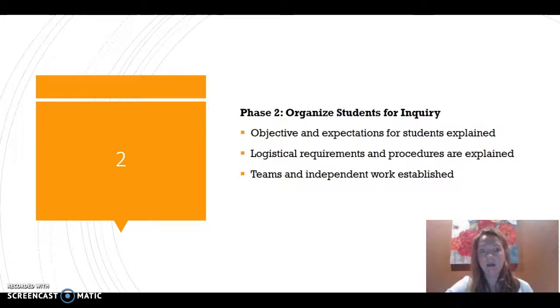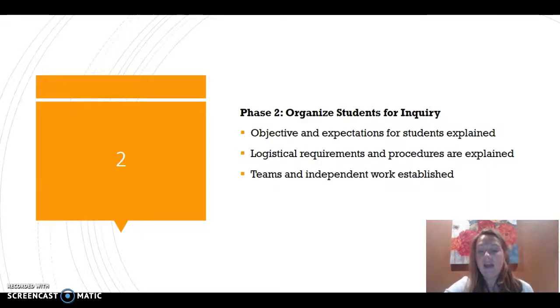All right, now number 2. Organizing the students for inquiry. So where you are giving them the logistical requirements, where you are establishing the group work and the expectations for the groups, as well as expectations for the students. So put a big number 2 beside where your organization is and provide a rationale for that.